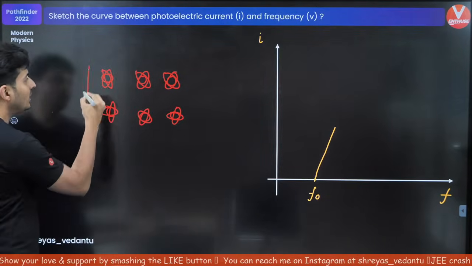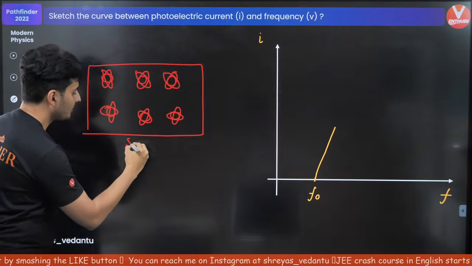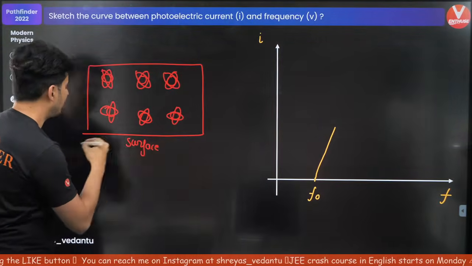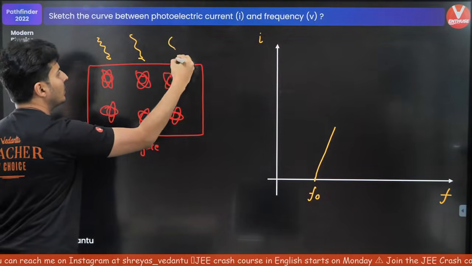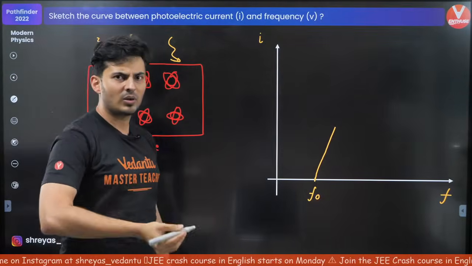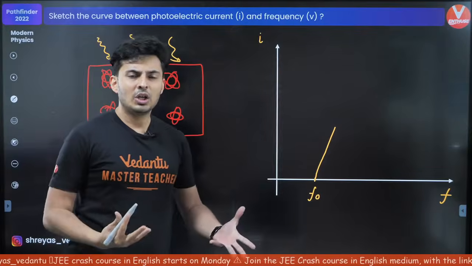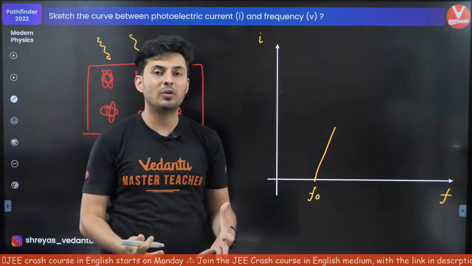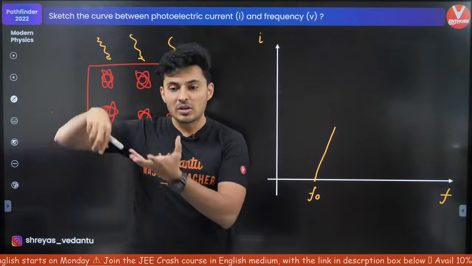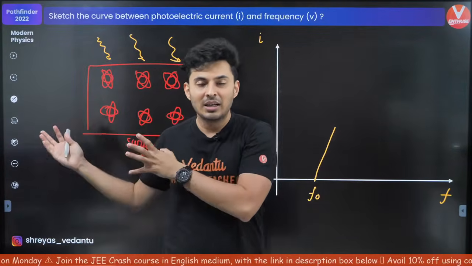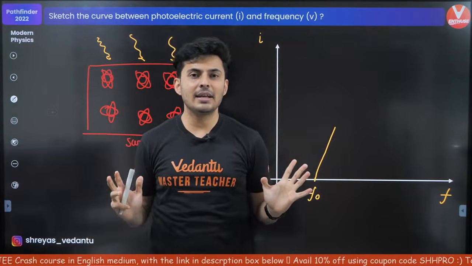There are countable number of atoms inside that surface. Now think about it. If very high energy photons are falling onto it, then there comes a time after which even these high energy photons are unable to knock out any more electrons, because all the electrons which were knocked out have gone, because they had very high energy.